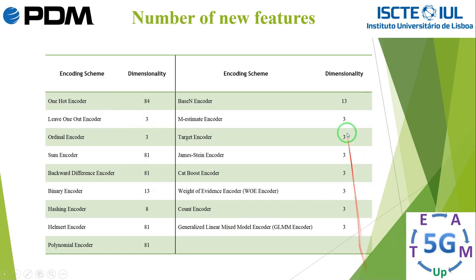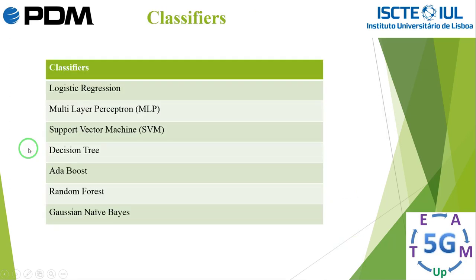And for the rest, you can see here. Depending on which of these category encoders you use, and then which classifier or deep learning model, your result is different.